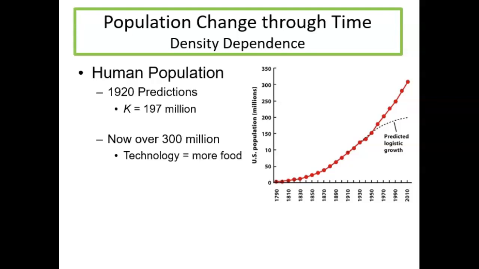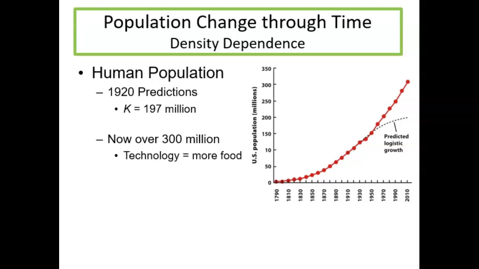We can produce a lot more food now than we could in 1920. It's because of better crops that have been improved through artificial selection and through genetic modification, through the technology of having better equipment that can more efficiently plant and harvest crops, the use of things like pesticides and herbicides and fertilizers that help us grow more food. All those things added together means we can produce more food than we did back then.